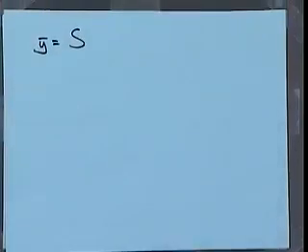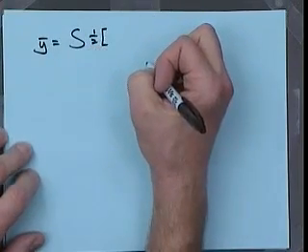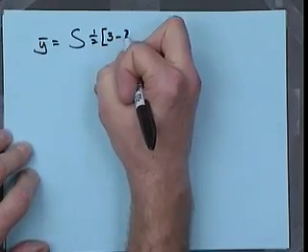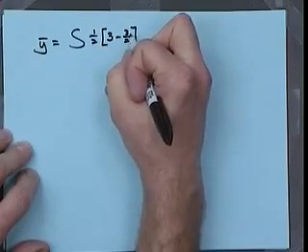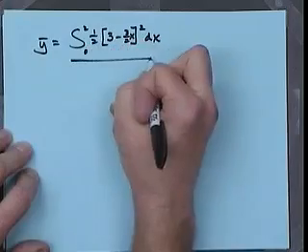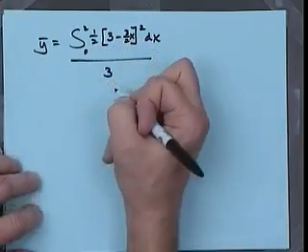How's that numerator go? 1/2 f of x squared. So what's that? 3 minus 3/2 x, squared, over the mass of the whole region, which we already figured out is 3.